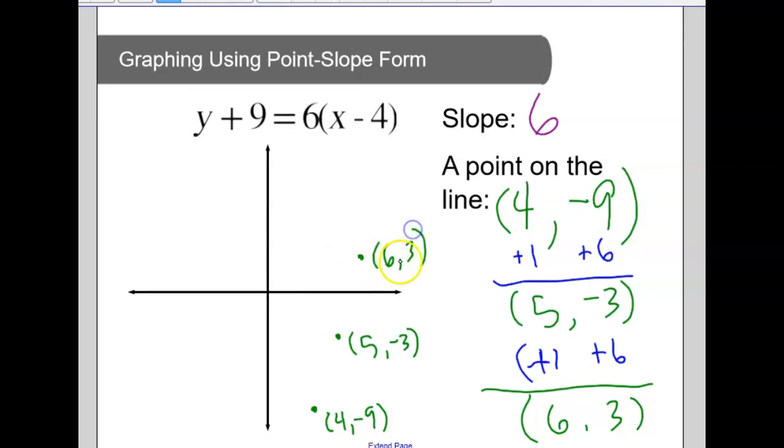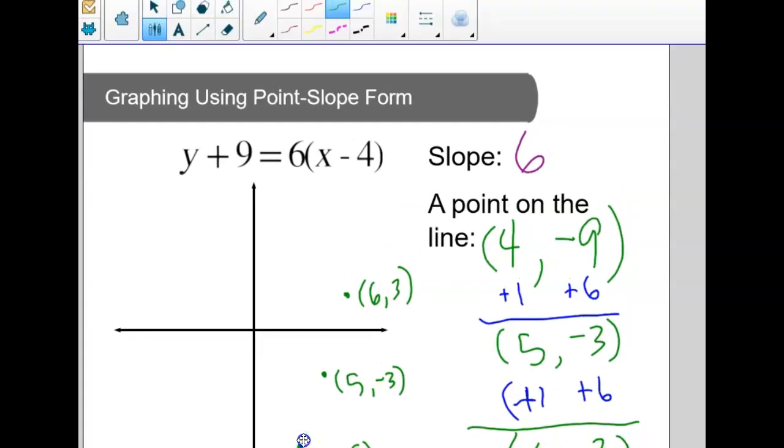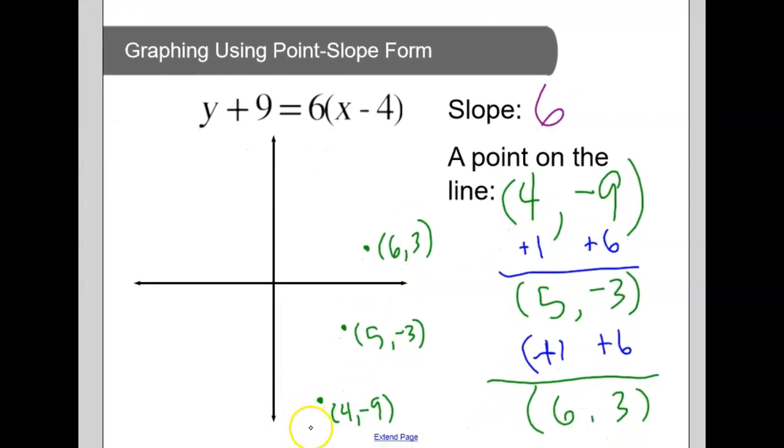Labeling at least 3 points would be great to show me the possible solutions to this equation. And you just want to put your line through those points, and these would be the solutions to your equation. And that's how we graph using point-slope form.